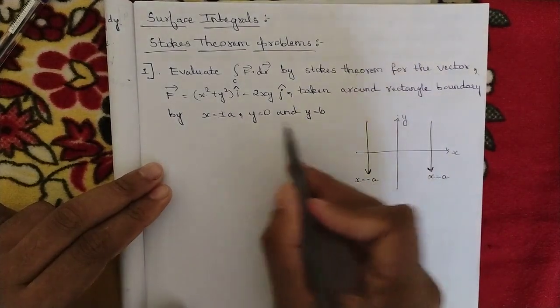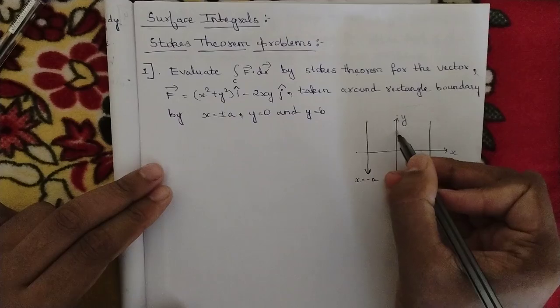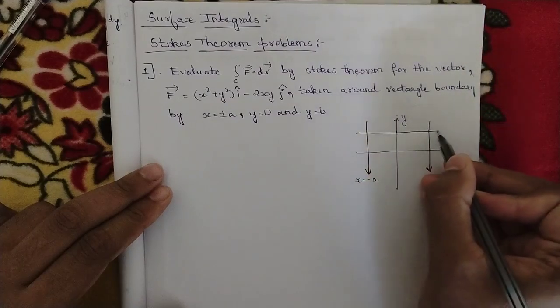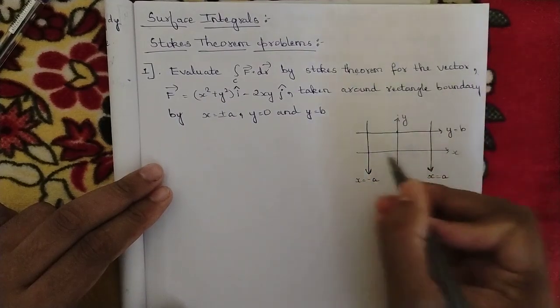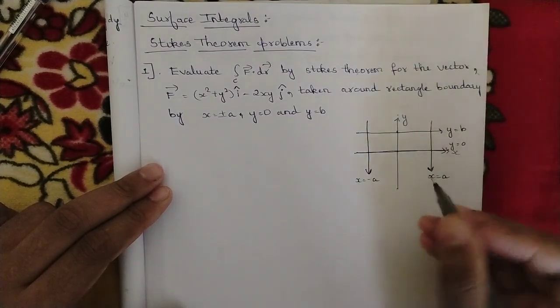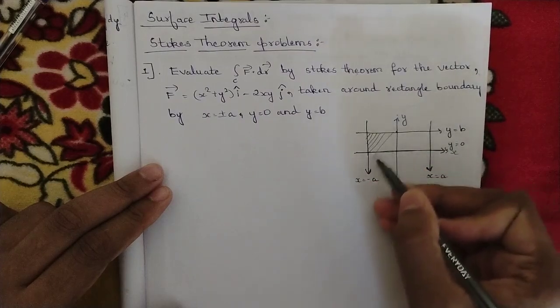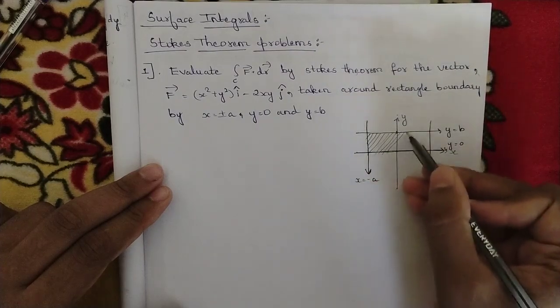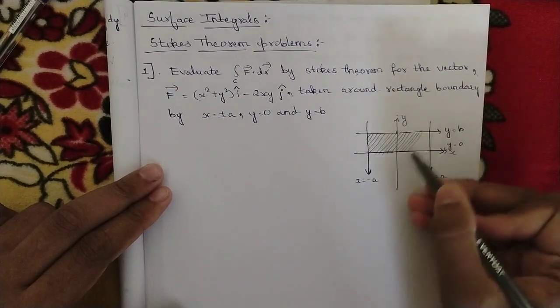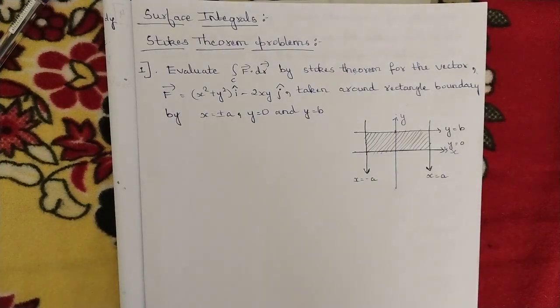One more line they have given is y equal to 0 and y equal to b. So y equal to b might be here somewhere, and y equal to 0 is this line. Now these lines meet and intersect each other to form a rectangle here. So this is a rectangular surface formed by these points which I have marked here. Hope it is clear.